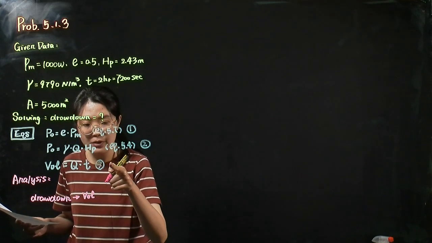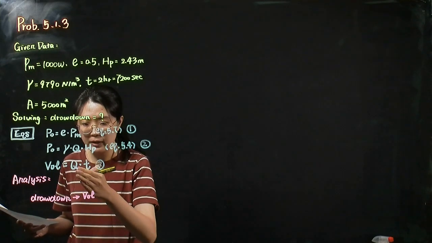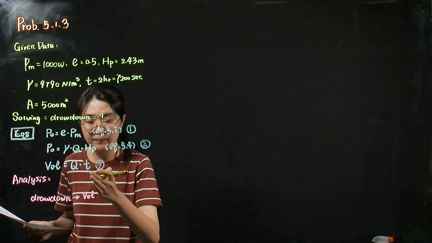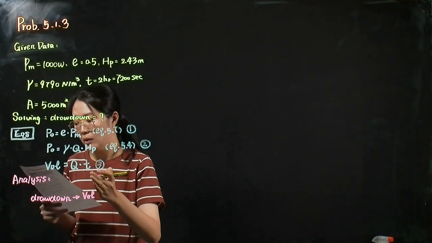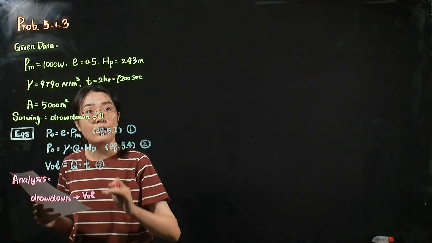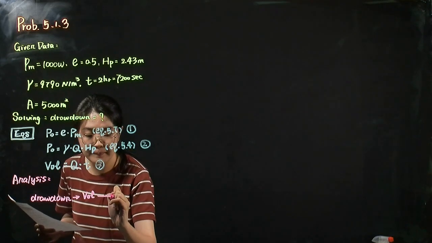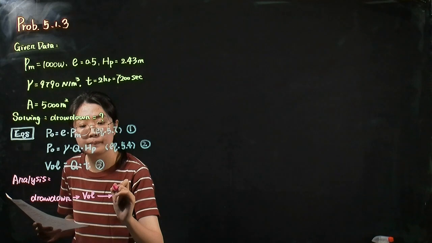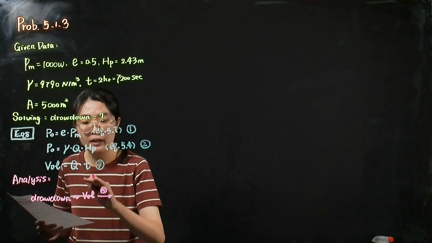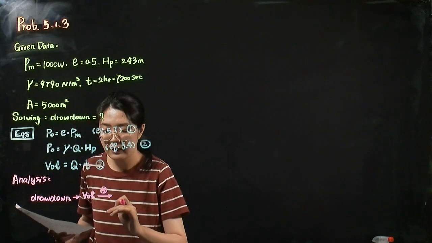Based on equation 3, the volume of the water equals the flow rate times the time. We already know the time equals 2 hours, which is 7,200 seconds. And the flow rate is the unknown. We need to figure it out.